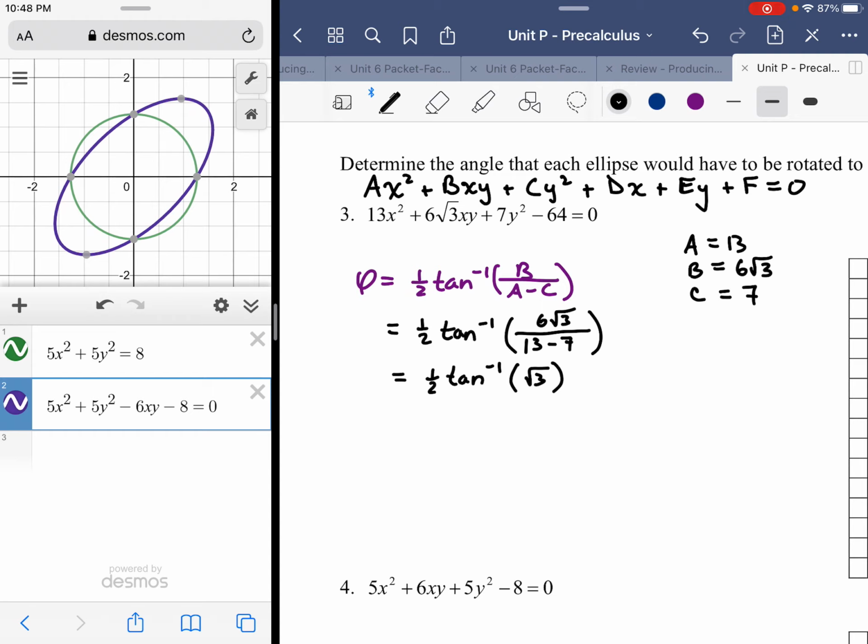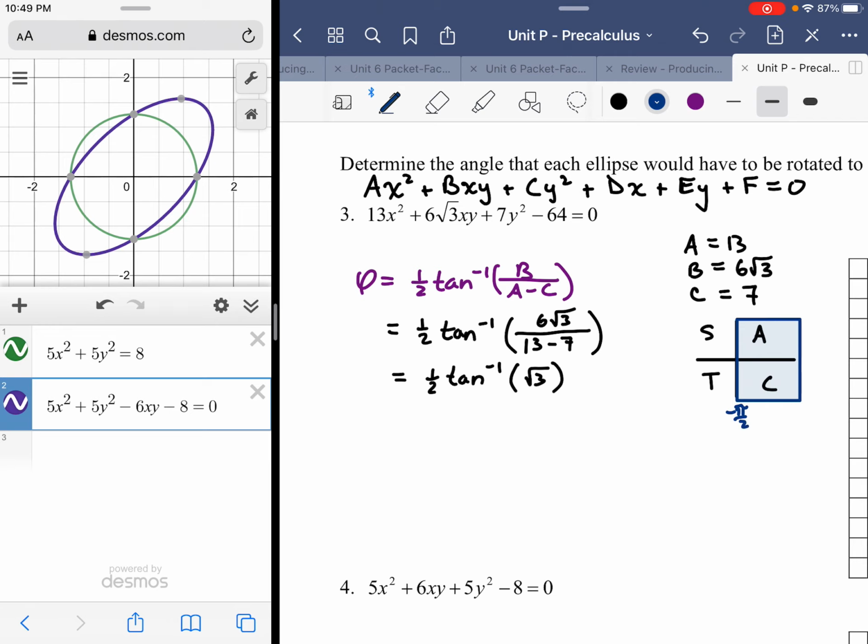But either way, we're looking at a radical 3. Based off of your ASTC business, you're thinking old school trig. We're talking a domain that only is going to exist in this interval.